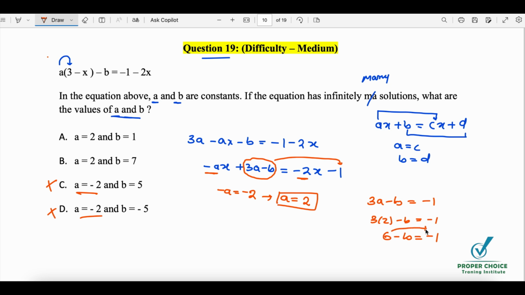Take this to the other side and it becomes minus b is equal to minus 1 minus 6, which is minus b equal to minus 7, which is the same as b equal to 7. For b equal to 7 and a equal to 2, this given equation has infinitely many solutions, which matches with option B.